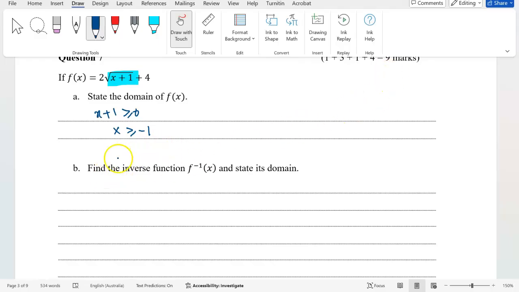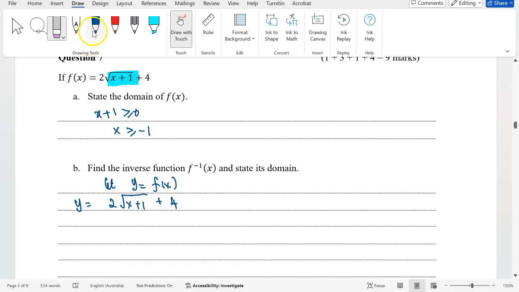Find the inverse function. For the inverse function, you've got to say let y equals f(x). So that means you're going to say 2 square root of x plus 1 plus 4 equals y. You can rewrite it, swapping your x with the y.